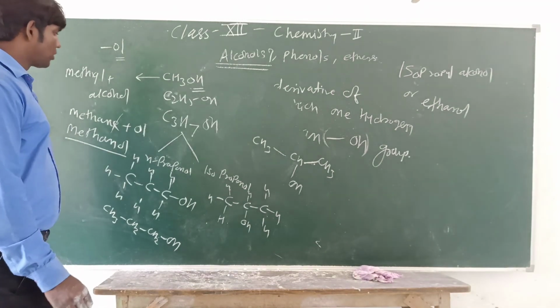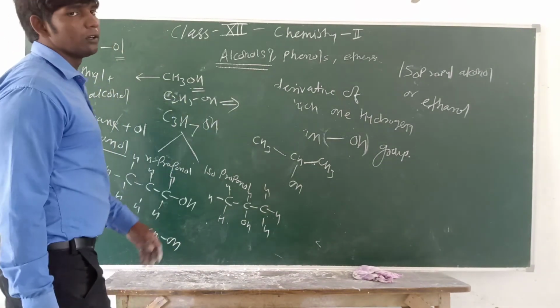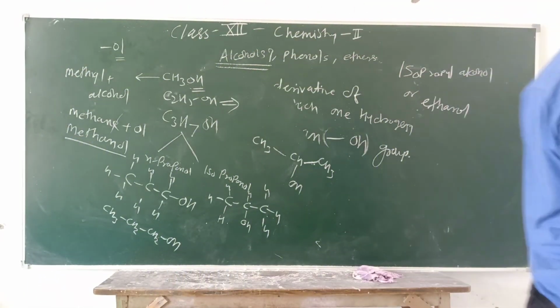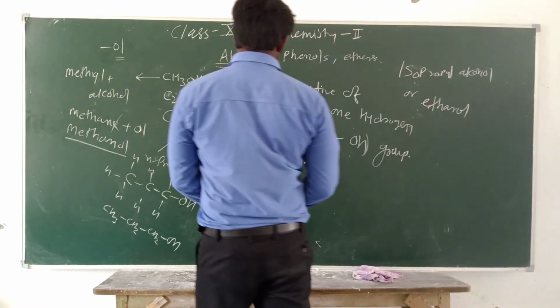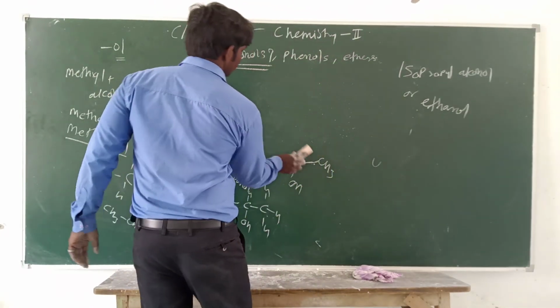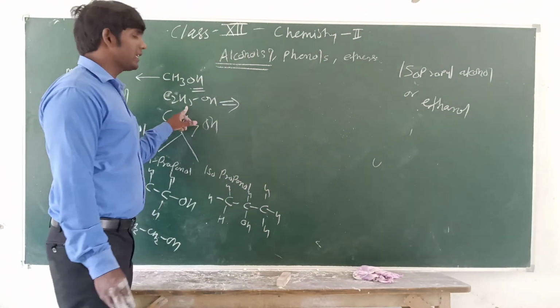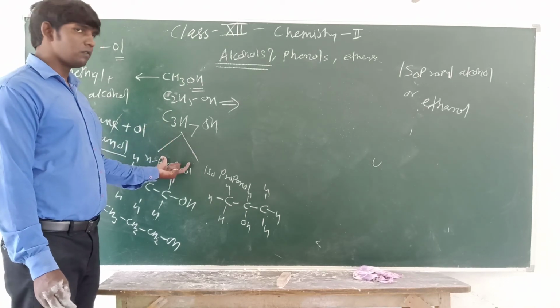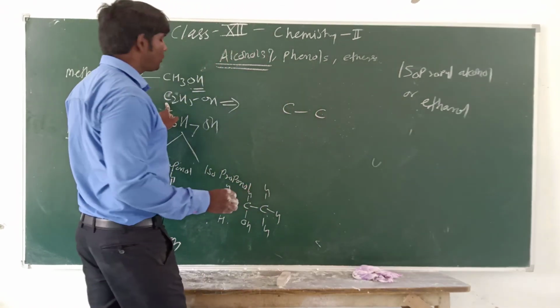Okay, in a similar way you write ethanol. What is the structural formula of ethanol? You just see here: 1 and 2, only 2 carbons, C2.